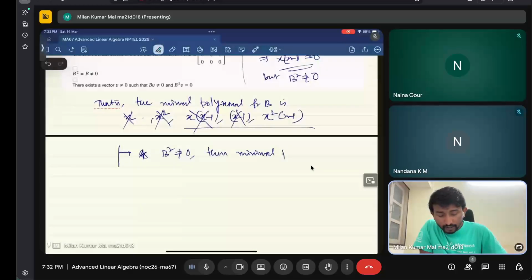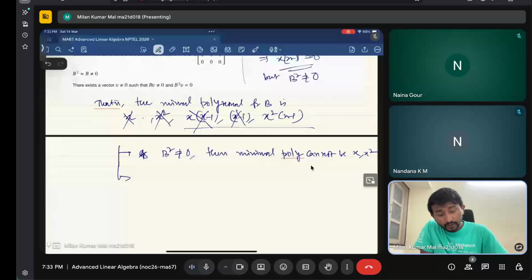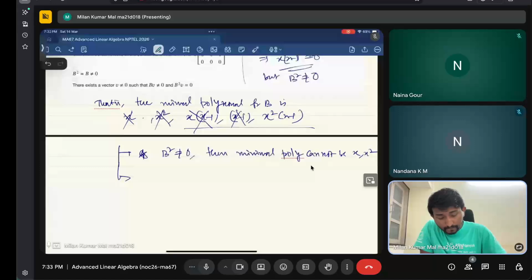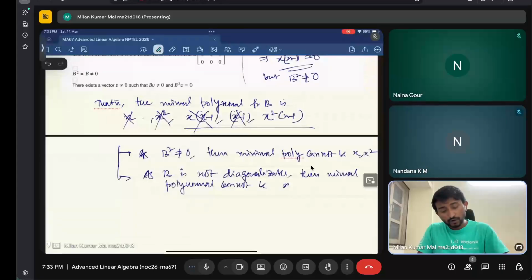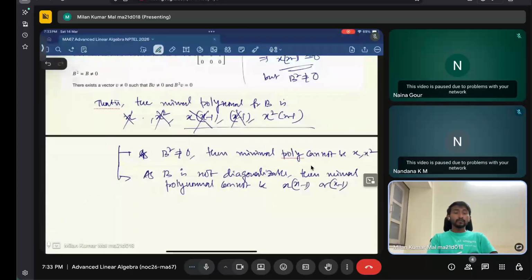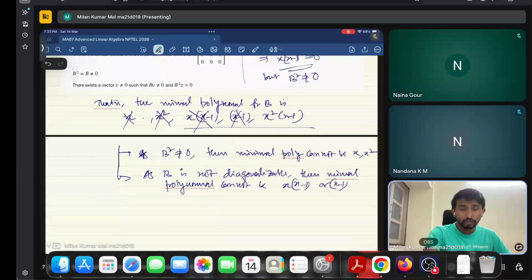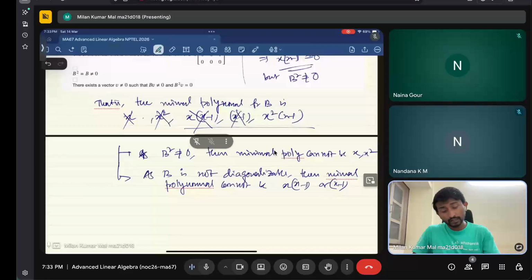As B is not diagonalizable, the minimal polynomial cannot be x minus 1 or x into x minus 1, because in each of those cases the minimal polynomial is a product of distinct linear factors. By that theorem, T is diagonalizable if and only if its minimal polynomial is a product of distinct linear factors. So that's why these are done.